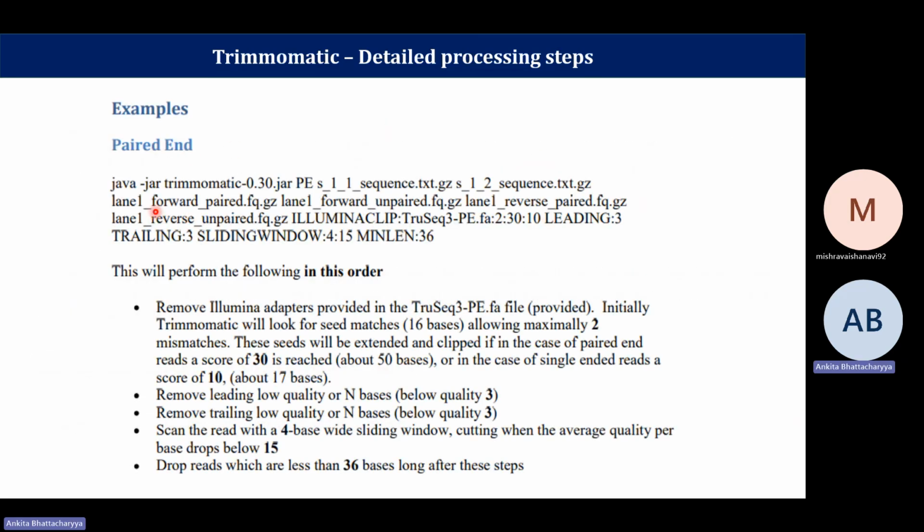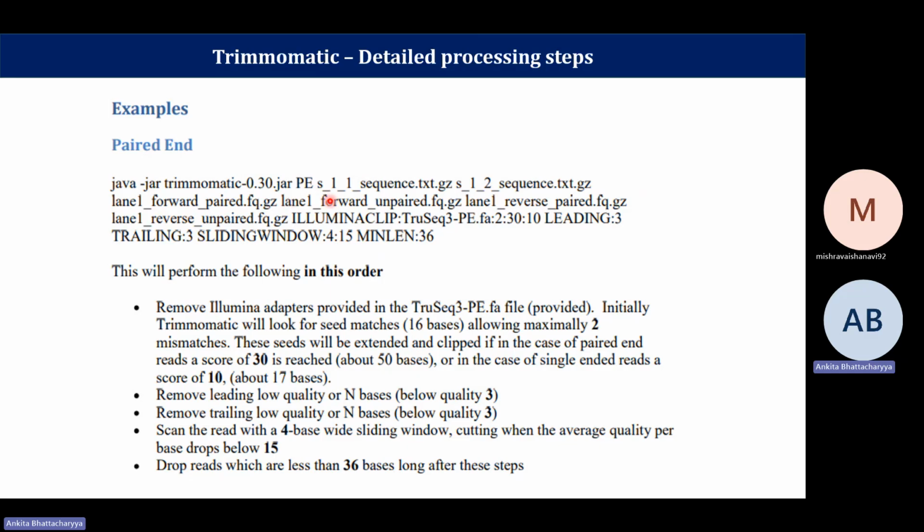This is an example of the sort of command that we give for Trimomatic. Do not get intimidated. Why? What you see in between, this S11 sequence, S12, etc., till here, these are the names of your FASTQ files that you provide as input to the tool Trimomatic.